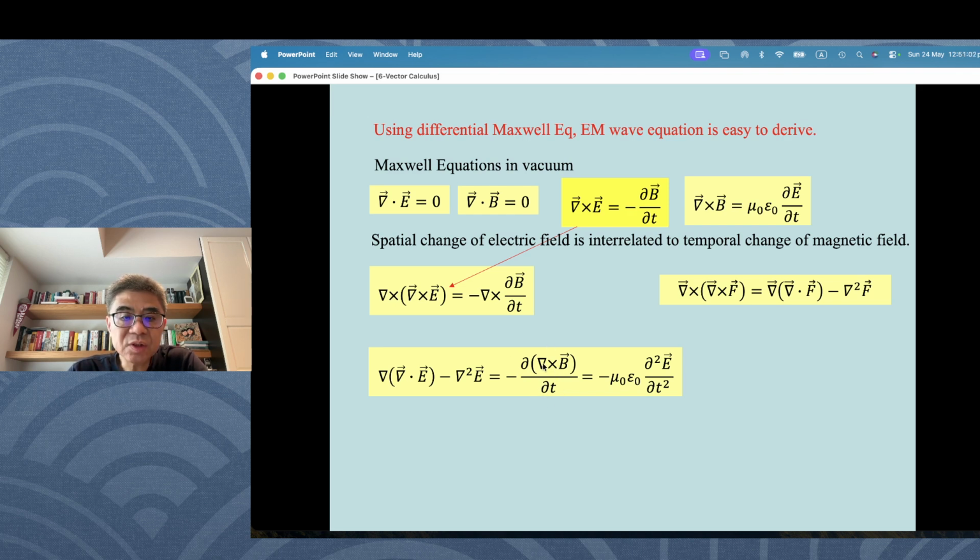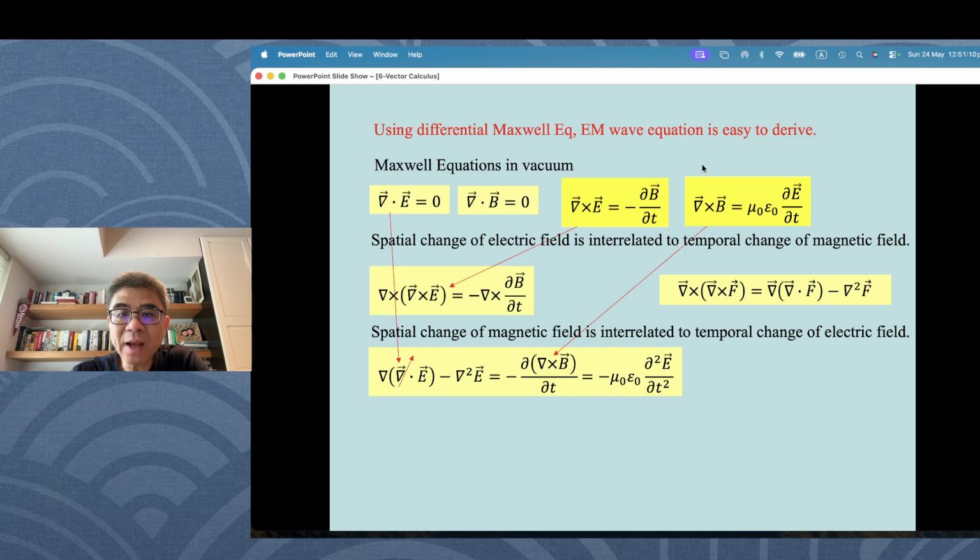The point is, this curl B actually is related, by the force equation, to the time derivative of E. So if you plug in the force equation into this curl B, you get the second derivative of time. So the right hand side could be easily written as minus mu 0 epsilon 0 times the second time derivative of E. Now let's take care of the left hand side.